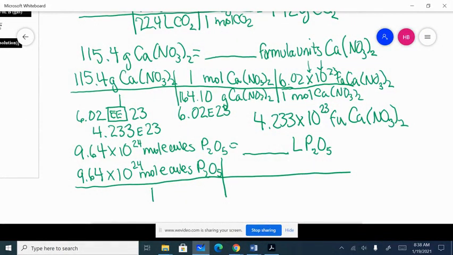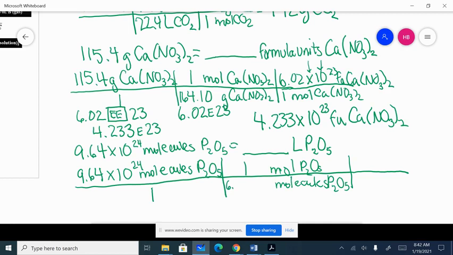First, I change from molecules to moles, and I need molecules to cancel out, so I'm going to put molecules in the bottom and moles in the top. I have to be very careful here because remember, 1 doesn't always go on the bottom. In this case, 1 goes in the top because 1 always goes with the units of moles.